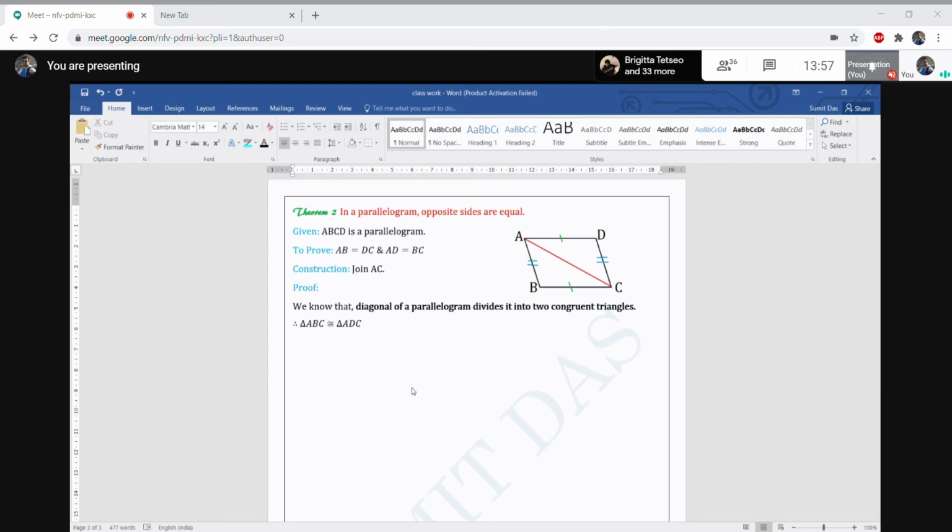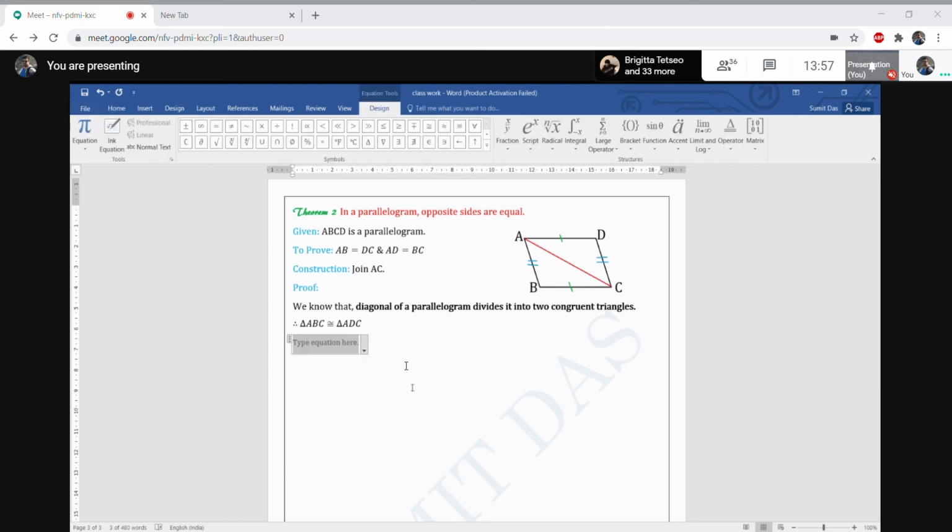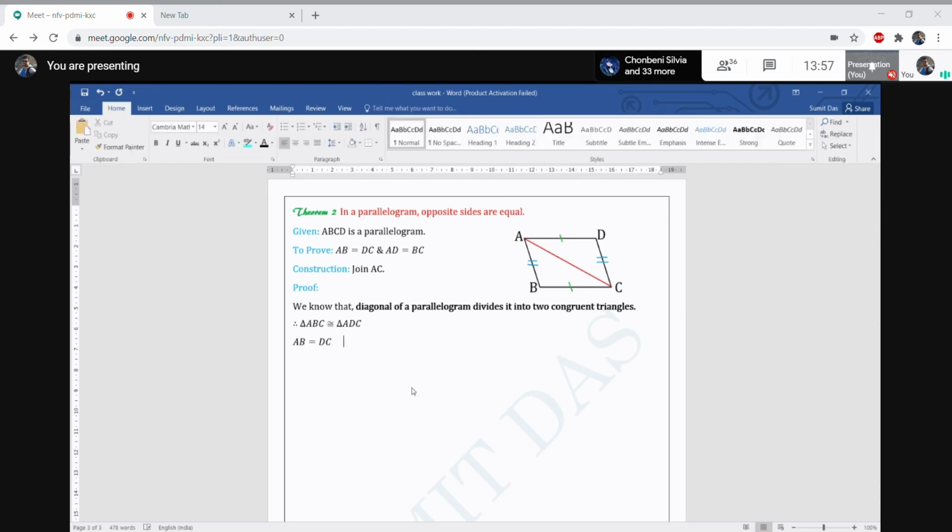So if they are congruent triangles, we can write AB equal to DC. Why? By CPCT. What is CPCT? Corresponding parts of congruent triangles.